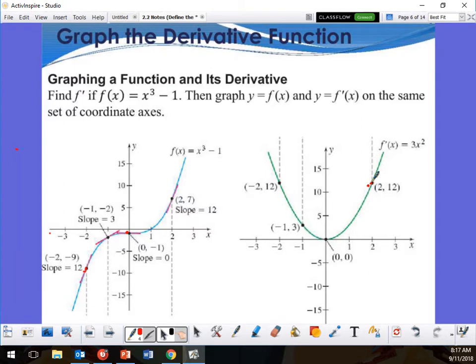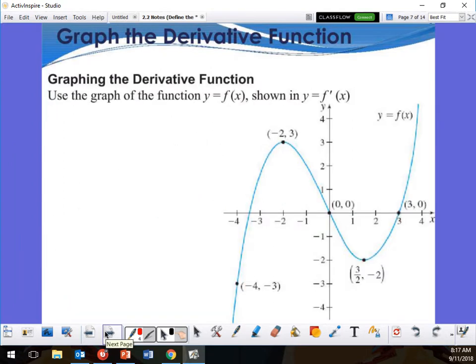Questions? Okay, all right. Now, graph of the derivative function: use the graph of the function y shown right here. If I was to graph the derivative of this, I know a couple of things. At this point right here, what's the slope of the graph at -2? Nope, this is the function right here. 0.